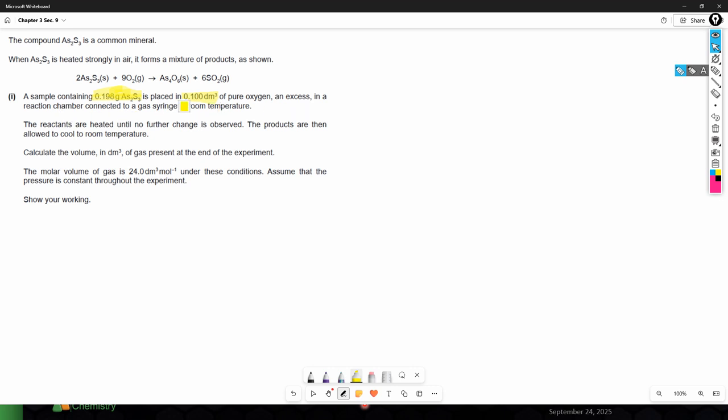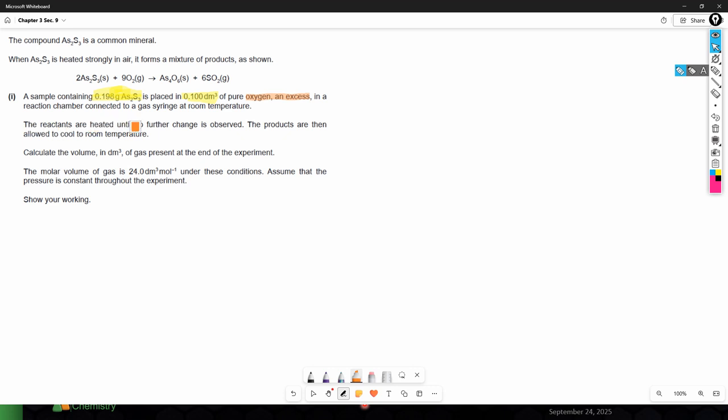Again, the second part, we don't really care too much. We know we have 0.198 grams of the As2S3. We know we have 0.100 dm cubed of the oxygen. And we know that that oxygen is in excess, which might be important. Remember our conversation about excess reactants and limiting reactants earlier in this chapter.